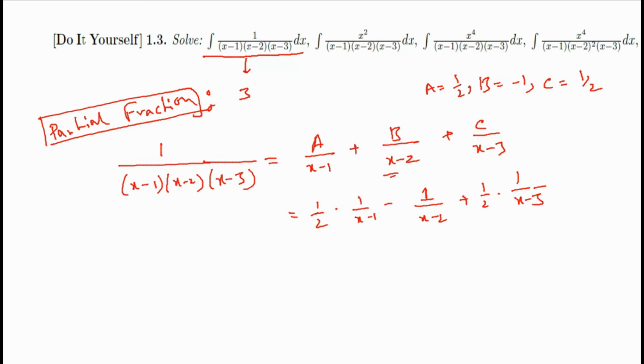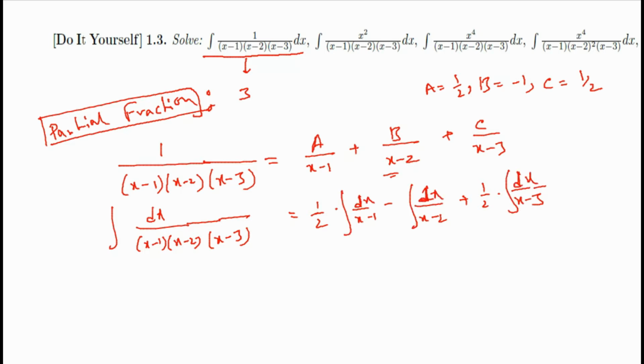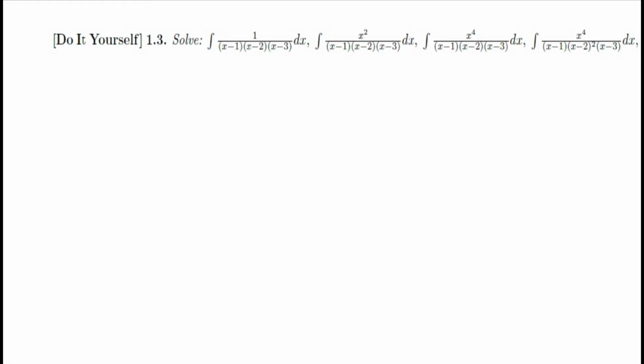And now if you integrate both sides, then you will have the integration of dx by (x minus 1)(x minus 2)(x minus 3) equal to 1 by 2 ln mod x minus 1, minus ln mod x minus 2, plus 1 by 2 ln mod x minus 3, plus c. So for the second problem, we will again use the partial fraction.